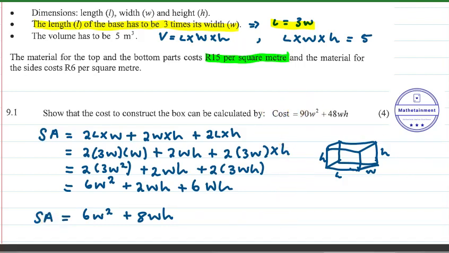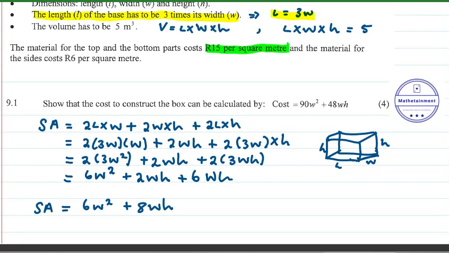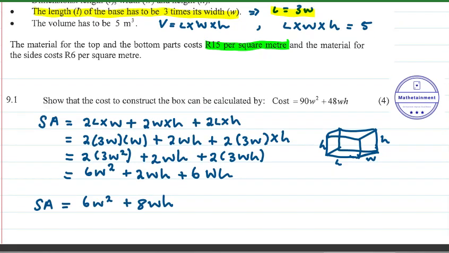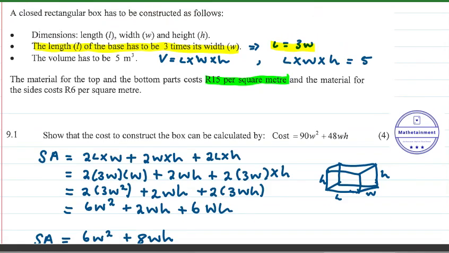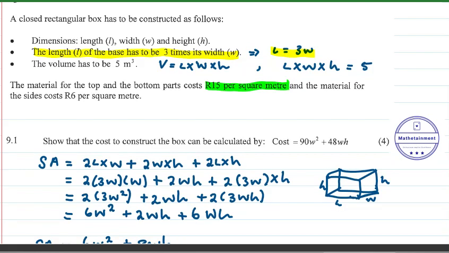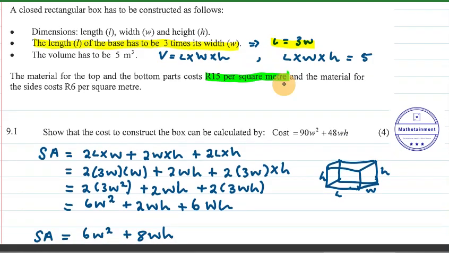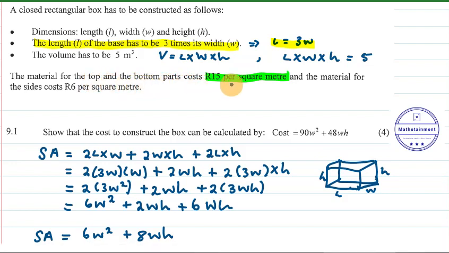All right, go back here. We said that this one is the same as length times width, because we agree that when you see length, you can replace length by 3W. Going back to the information given, we are told that the material for the top and the bottom parts costs 15 rand per square meter.